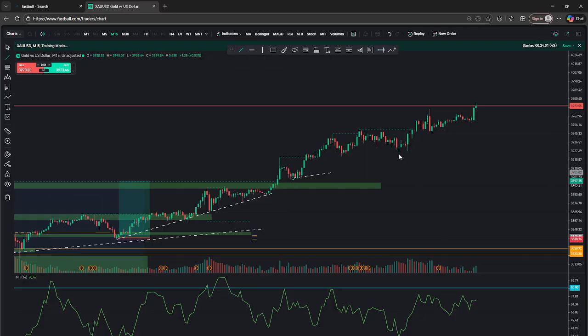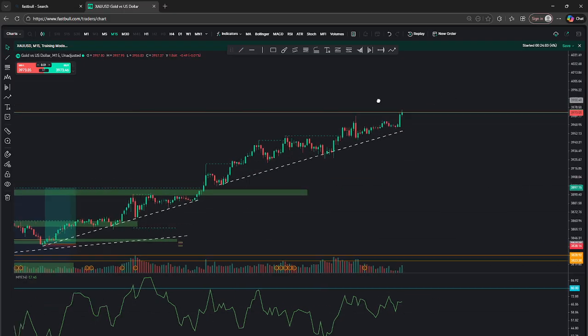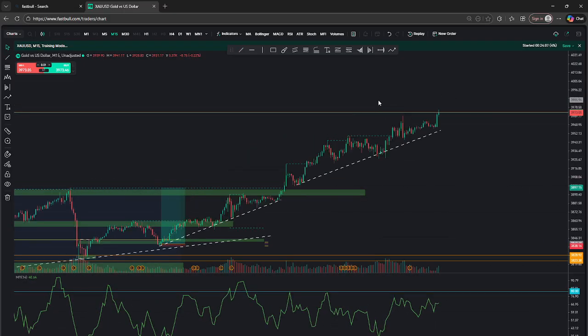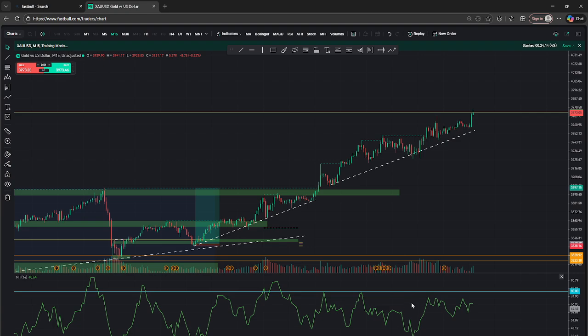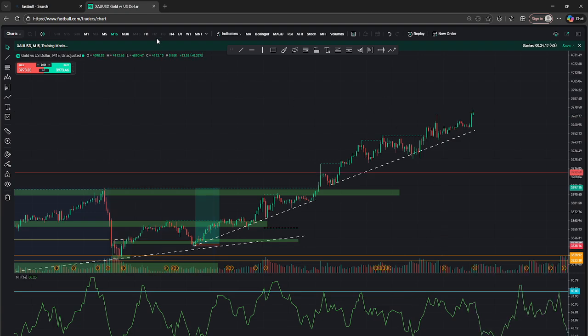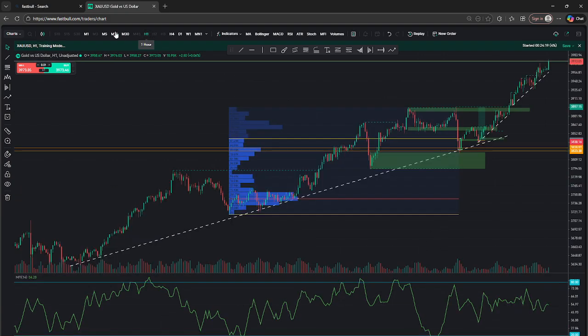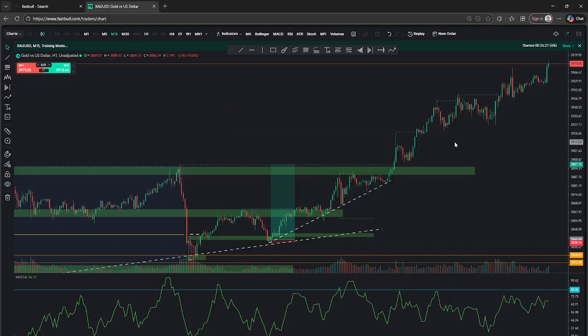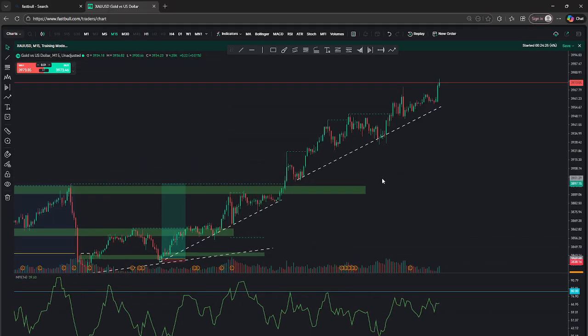Let's mark this, let's see how far the price will go before clearing the liquidity. So at this level price has now relaxed completely to around 52.